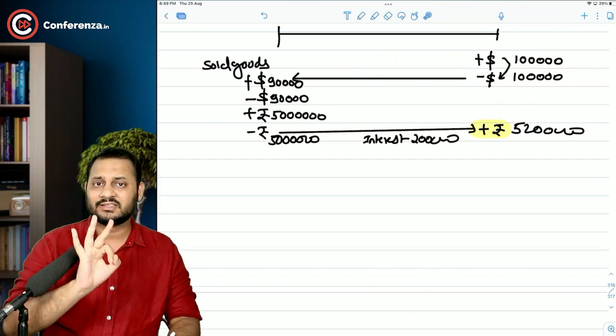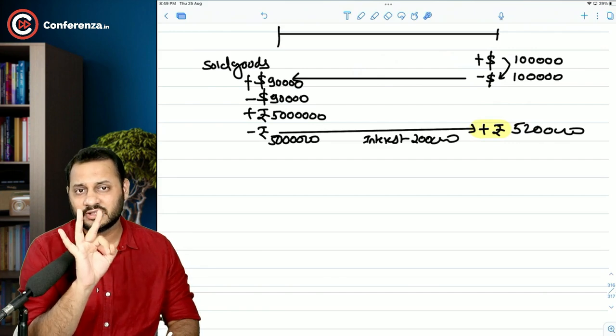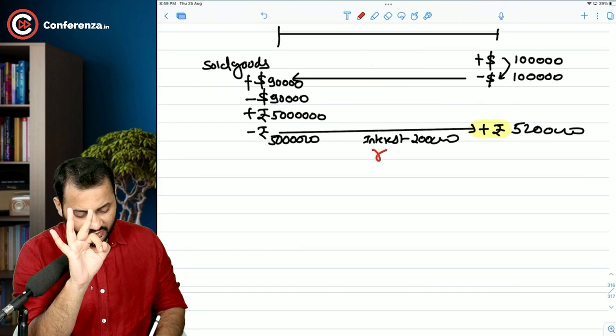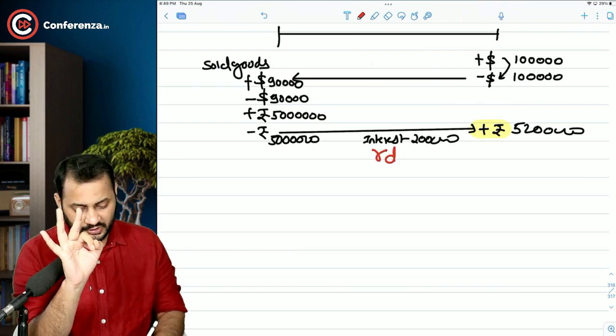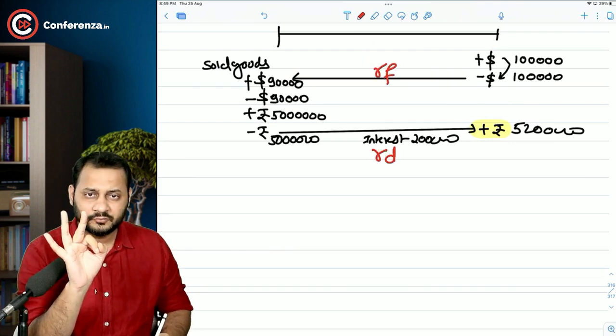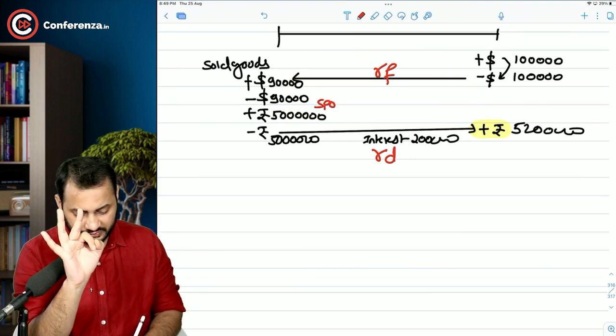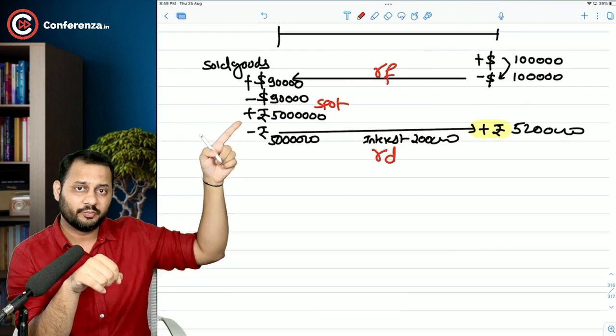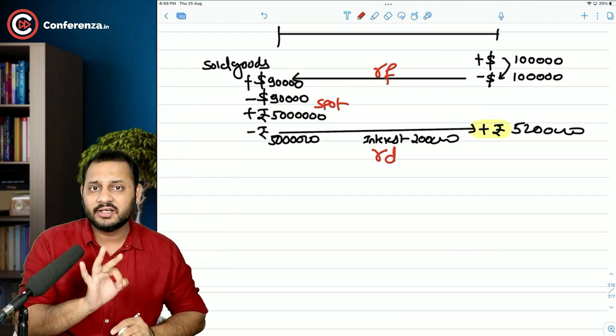The only three things which are required, I will tell you: interest rate of the domestic country, interest rate of the foreign country, and the spot exchange rate. Exchange rate for the spot is required when you sell the dollar and receive rupees. Only three rates will help you.